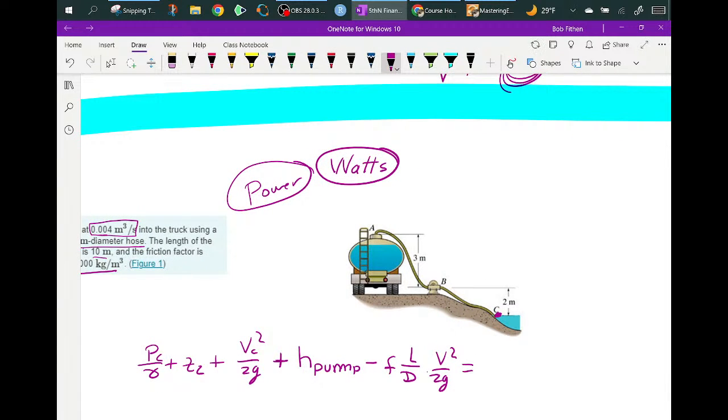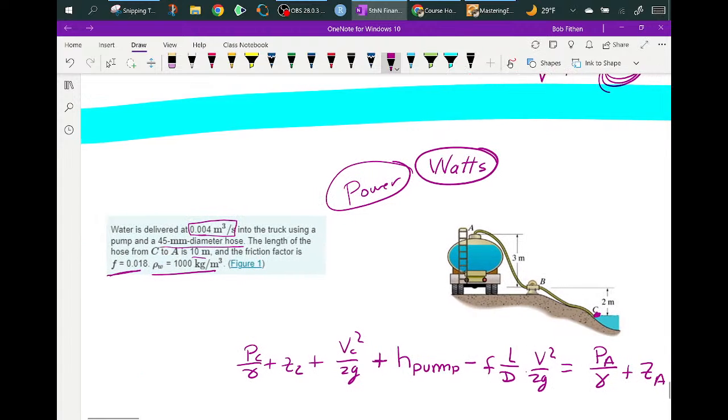And you're going to end up at PA over gamma plus ZA plus VA squared over 2g. Because the length of the pump, there's a friction factor.